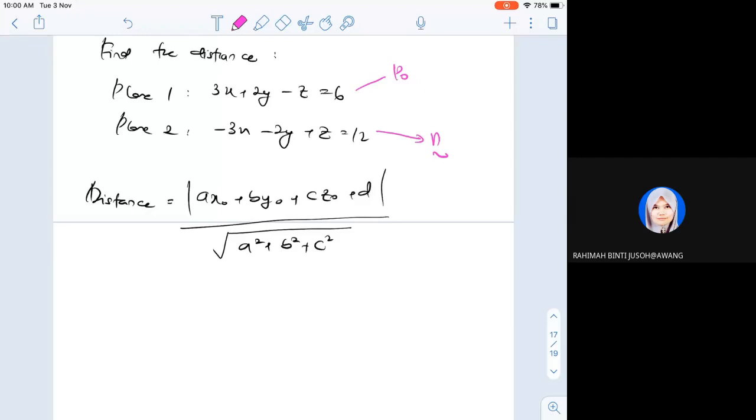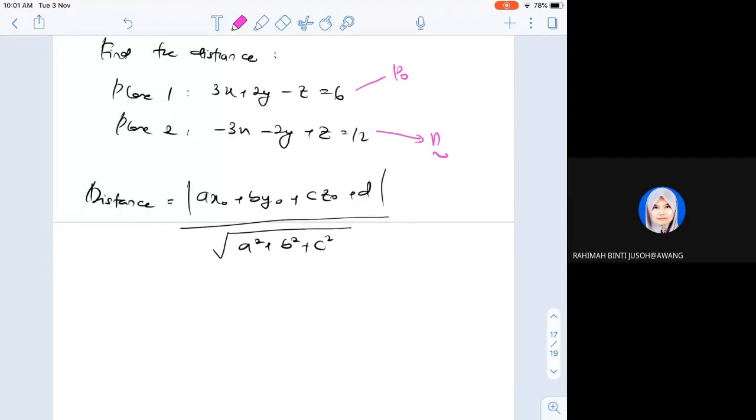You tak boleh consider P naught daripada first plane dengan normal vector daripada first plane. Tak boleh, dia tak jadi distance lah. You kena berlawanan, okay? Kalau you ambil P naught daripada first plane, make sure normal vector from the second plane. And if you take your P naught from the second plane, you can have your normal vector from the first plane. Dia terbalik macam tu.